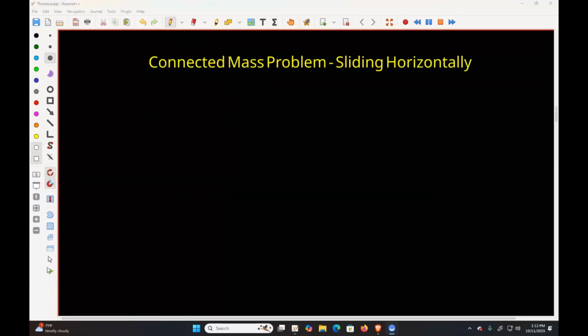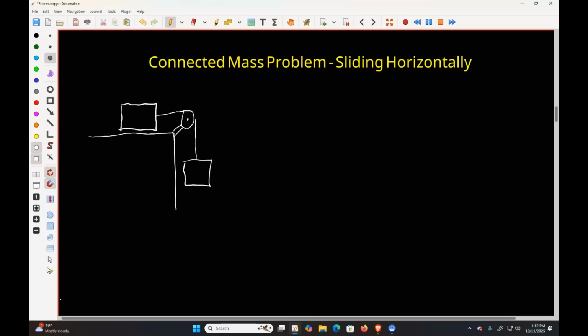Okay, the next type of problem is if I have a mass connected going across to a pulley and coming down like this, for mass 1 and mass 2.